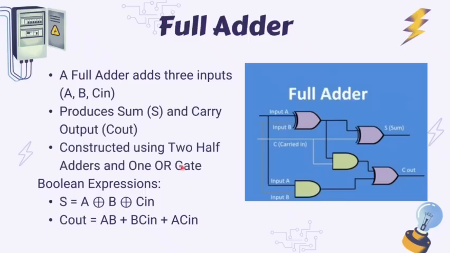The first half adder adds inputs A and B, and the second half adder adds the intermediate sum with carry input C. The final carry output is obtained using an OR gate. The Boolean expressions for full adder are sum equals A XOR B XOR C and carry output equals AB plus BC plus AC. Full adders are widely used in multi-bit binary additions, especially in computers and digital circuits.